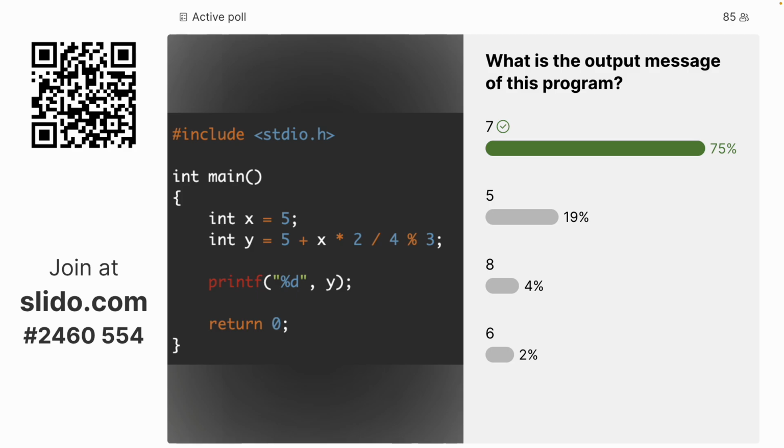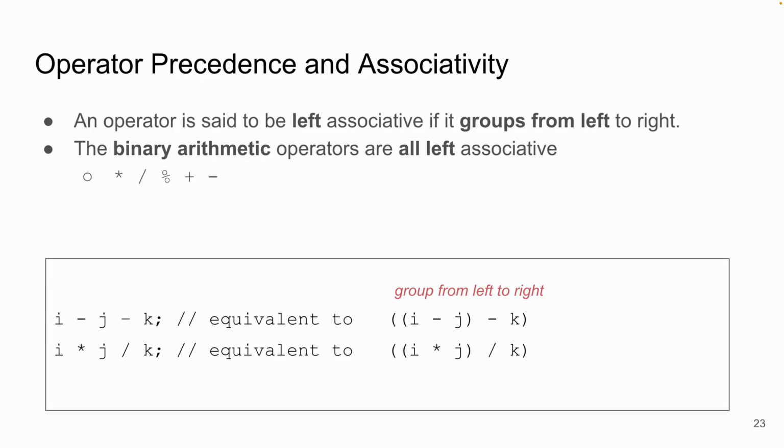Like I said, these binary arithmetic operators are left associative, so we need to calculate from left to right. 5 multiplied by 2 is 10, and 10 divided by 4 will be 2.